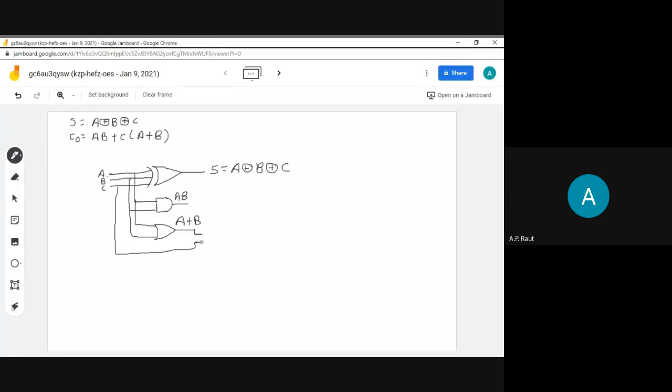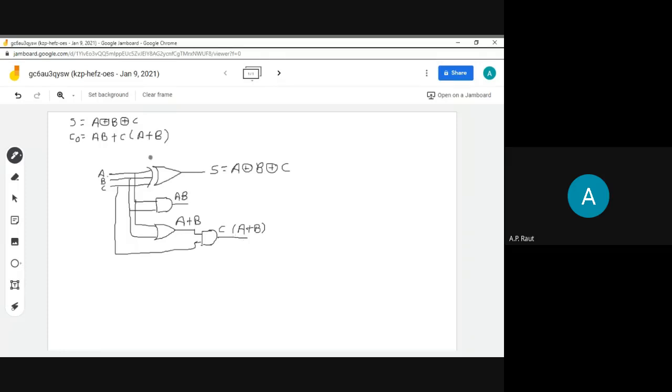The first input is C, and the second input is A plus B. We know that the AND gate is represented by the dot symbol.